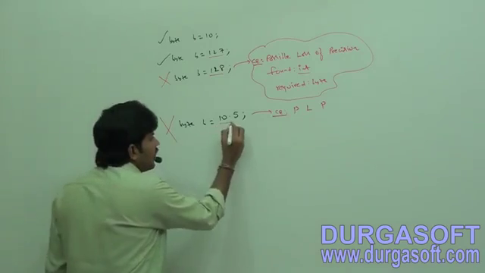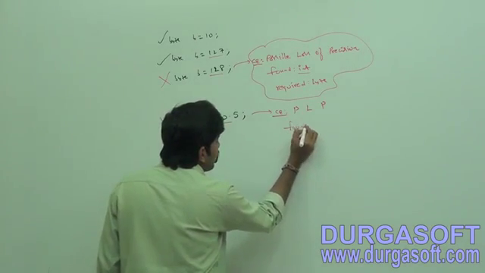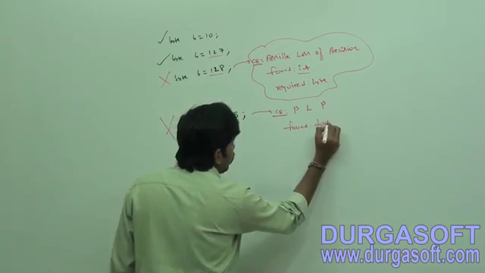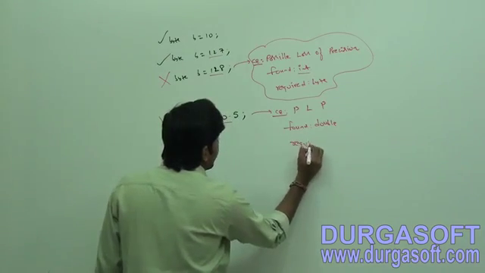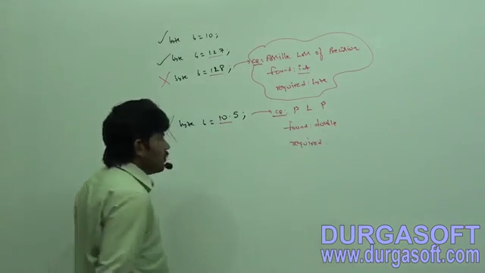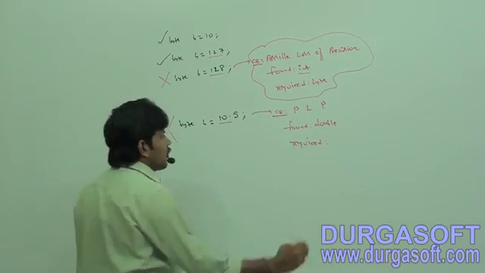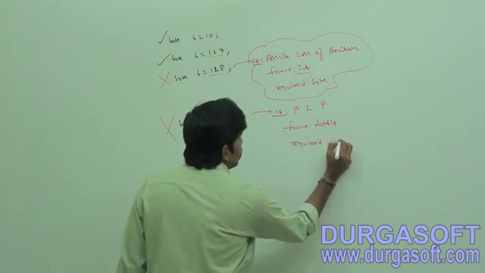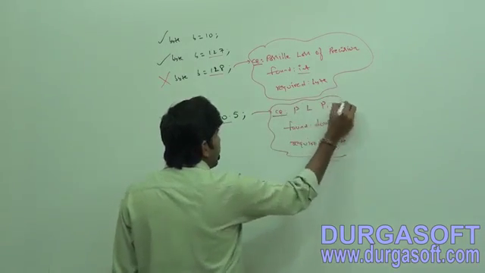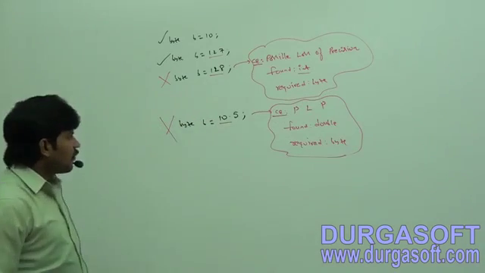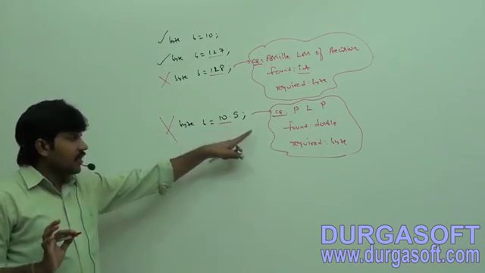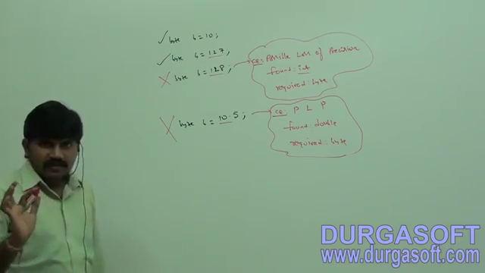Found double, required is byte. 10.5 by default is double type. Clear for all of you, right?